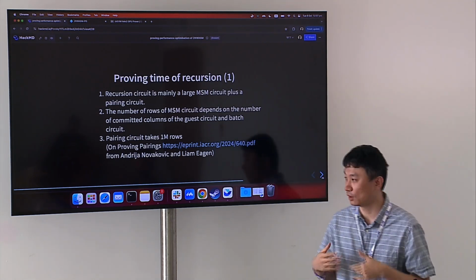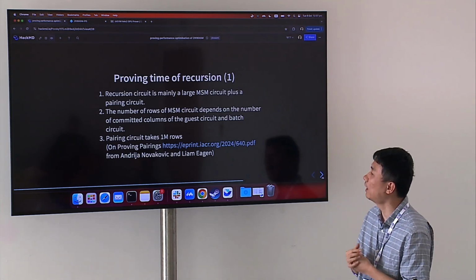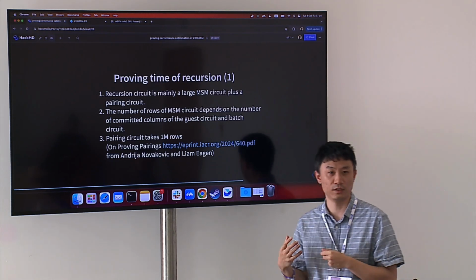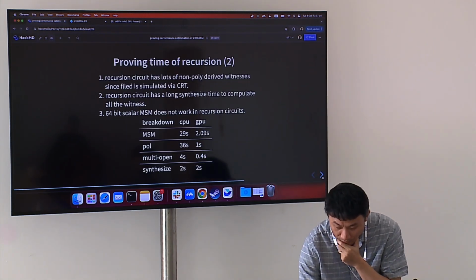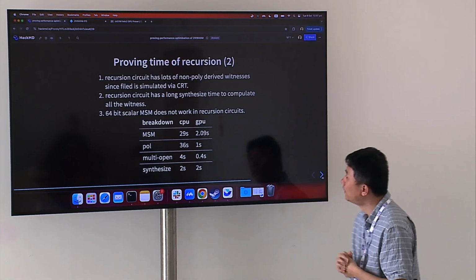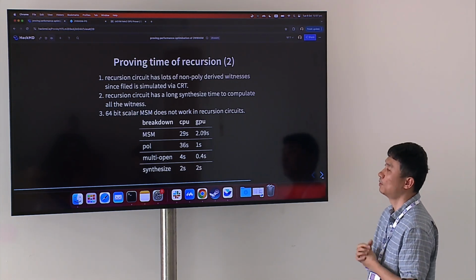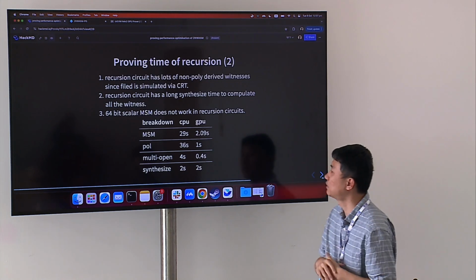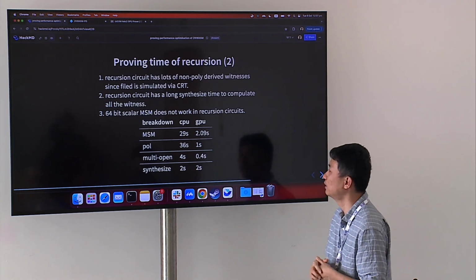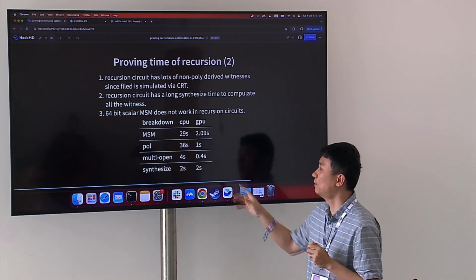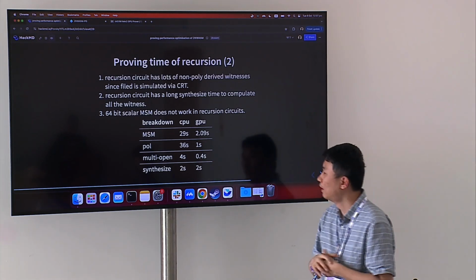So in the recursion, the only thing that we can apply is the poly evaluation optimization. Okay, and this is the benchmark after the recursion optimization. You see that we still get a 30 times improvement in the poly evaluation, but not that much on MSM.